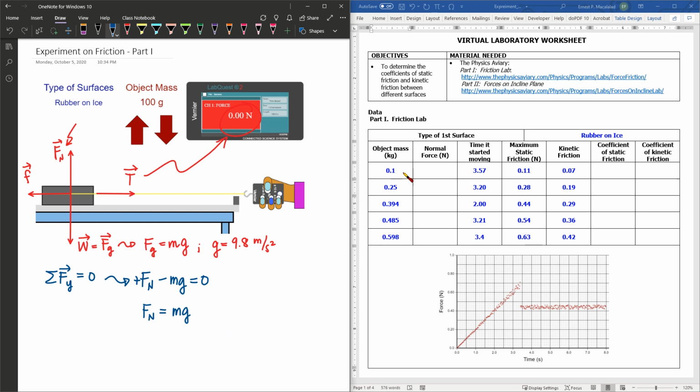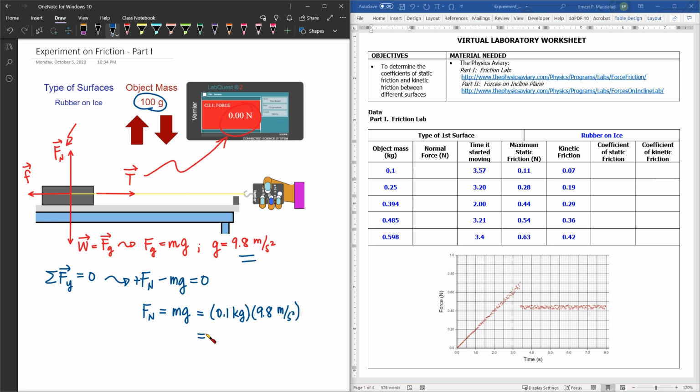Okay, so in this case, for example, for trial 1, the object's mass is 100 grams. So this is 0.1 kilograms. Of course, we're going to use the MKS system. And then we're going to multiply this by 9.8 meters per second squared.